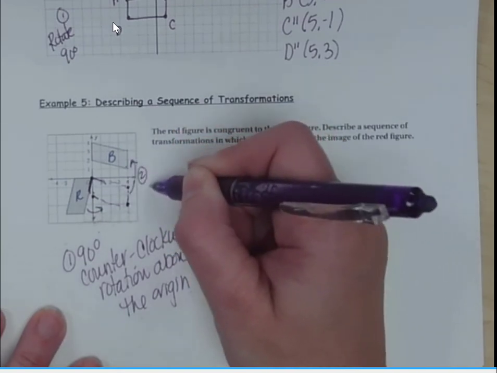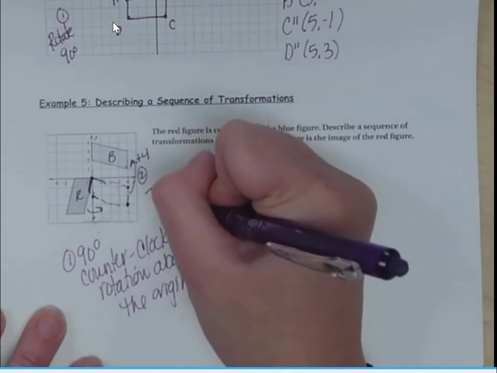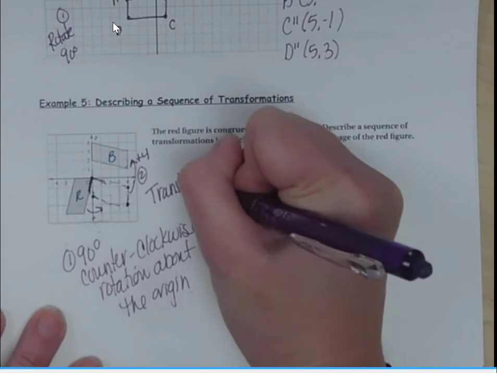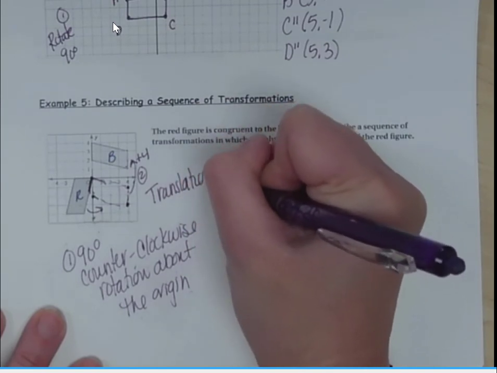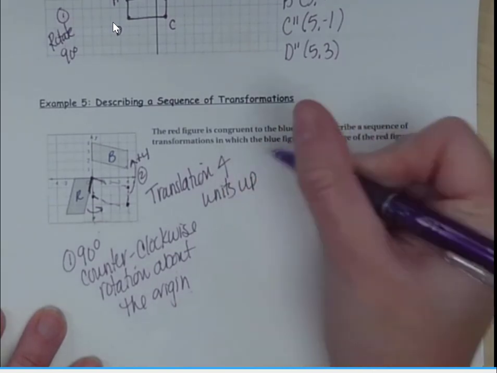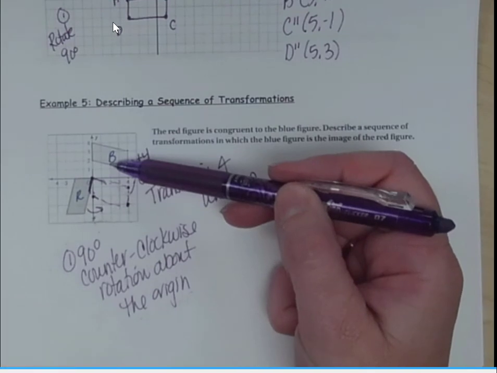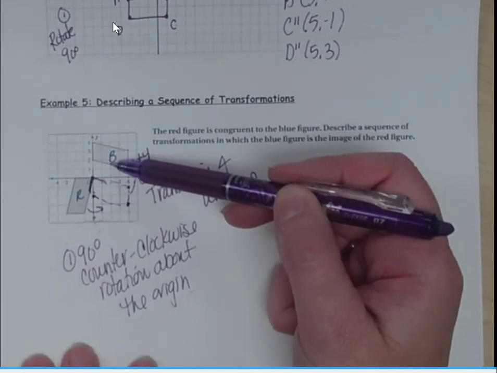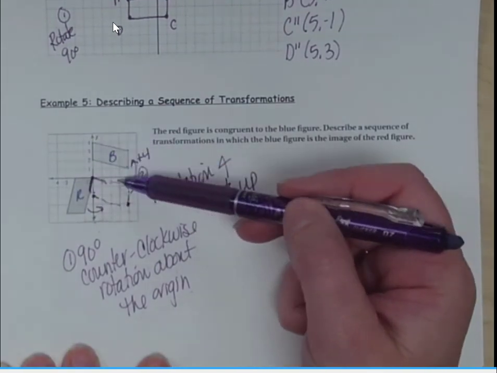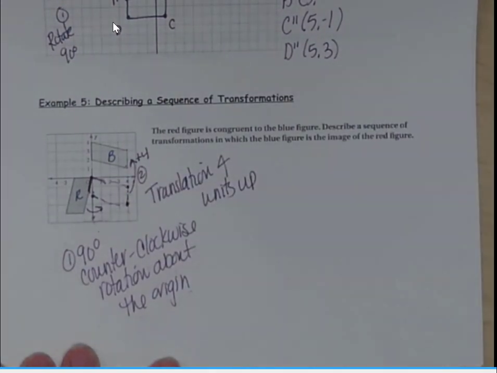The second thing is a translation 4 units up. Honestly, I could have said a translation 4 units up and then a counterclockwise rotation 90 degrees. I could have said clockwise 270. There are so many different answers here, so you could have done it a different way than I did.